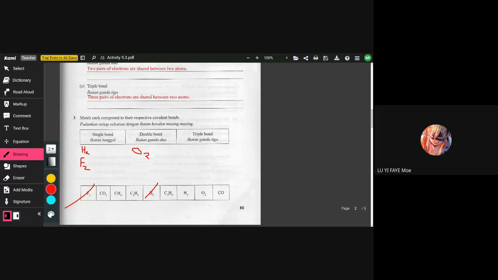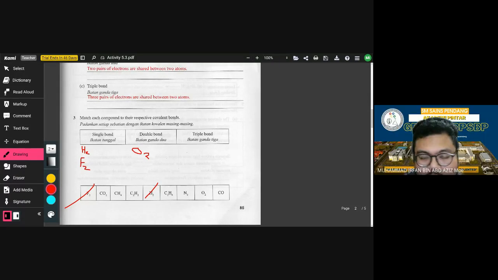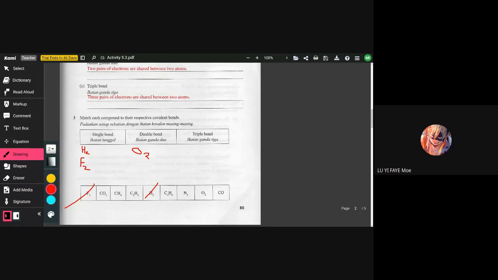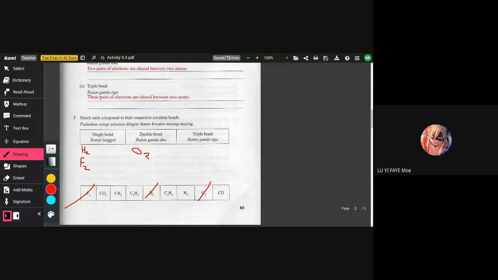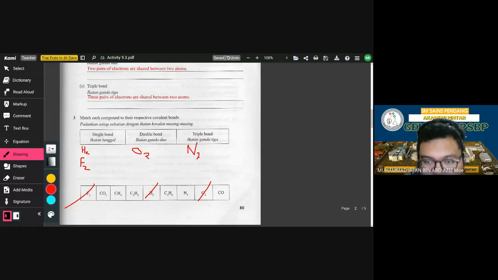No, we do the same element first because it's easier to do that. O2 dah delete. Okay, how about triple bond? N2. Alright, kita dah settlekan semua the same element. So, yang ni yang different element pula.